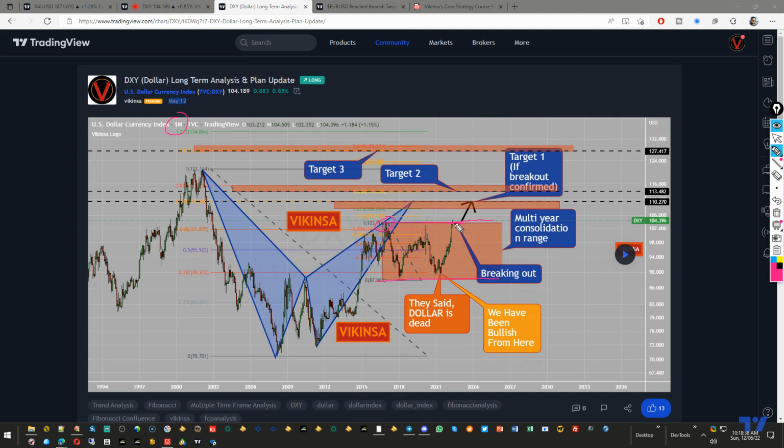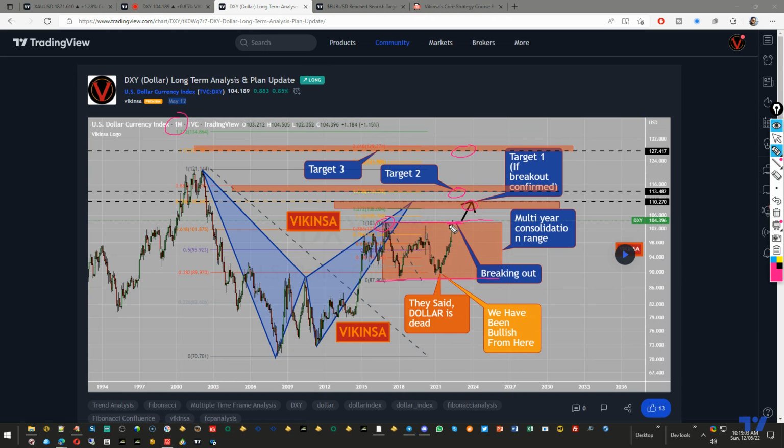If it finds a confirmation above, if it breaks strongly above this channel, then it can continue to go to the 110 fcp zone. If it continues to rise beyond that, then the next target is going to be 113.482. If it continues to rise beyond that, then it can reach 127.417 as well. So target 1 has already been completed.